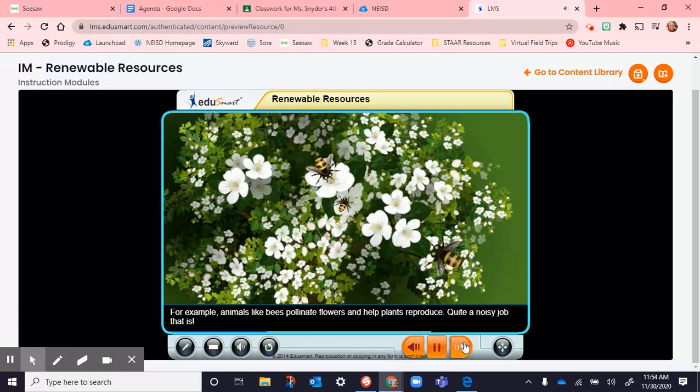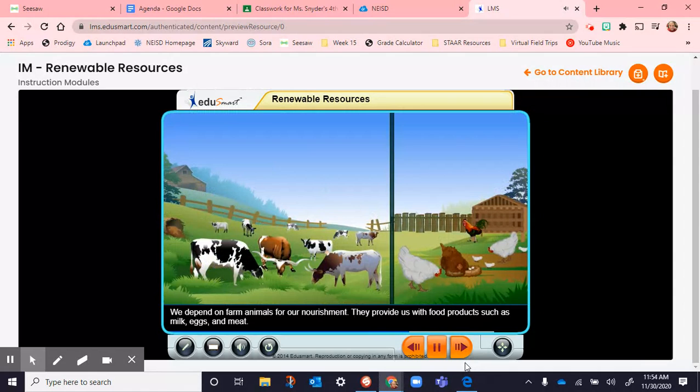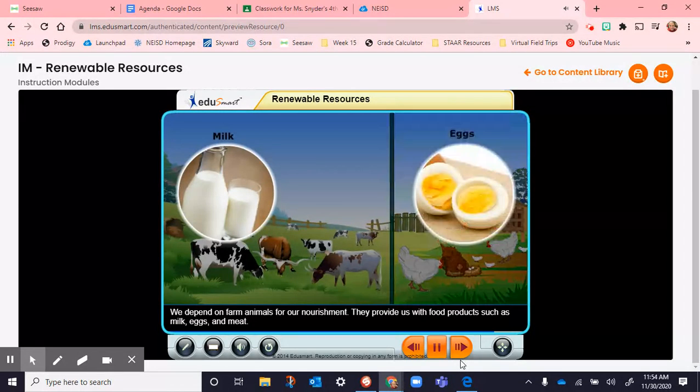For example, animals like bees pollinate flowers and help plants reproduce. Quite a noisy job, that is. We depend on farm animals for our nourishment. They provide us with food products such as milk, eggs, and meat.